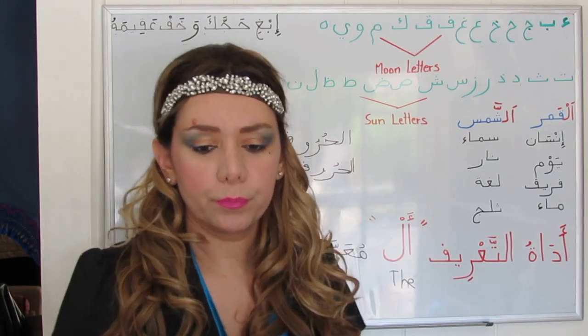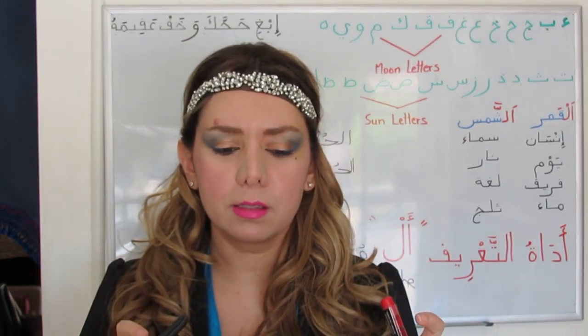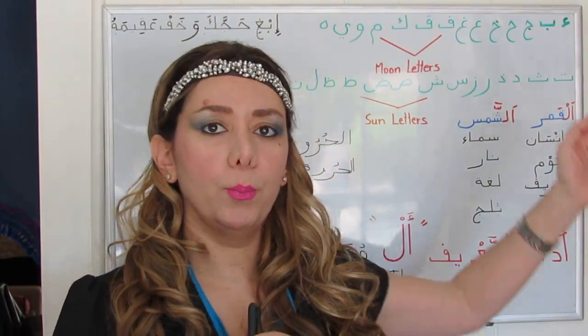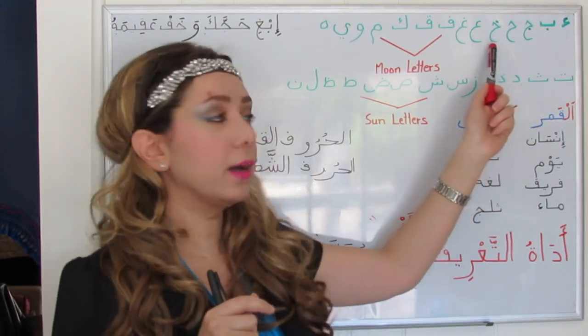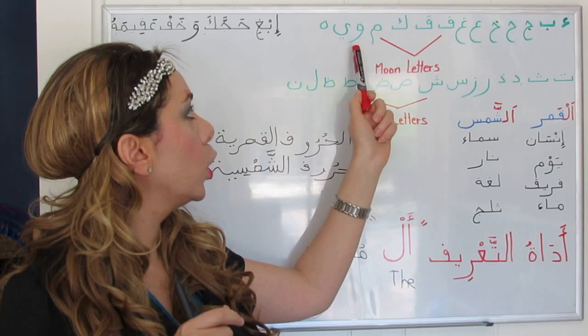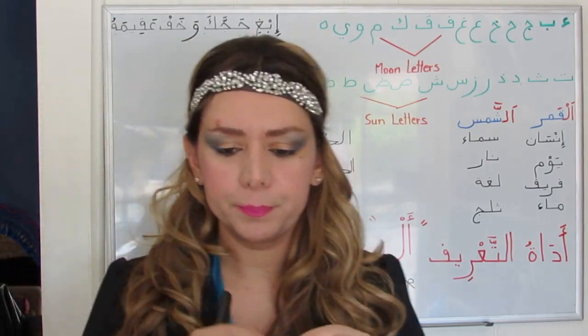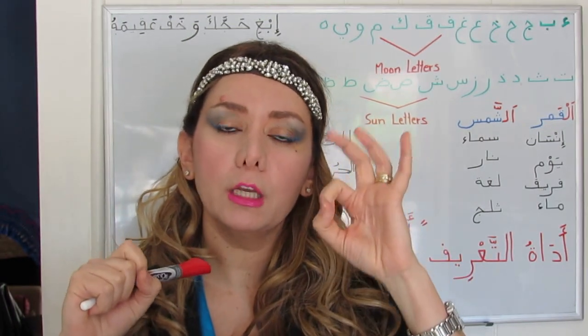So, if a word begins with any of the moon letters, همزة باء جيم حاء خاء عين غين فاء قاف كاف ميم واو يا ها, the lam will be pronounced with a sukun.